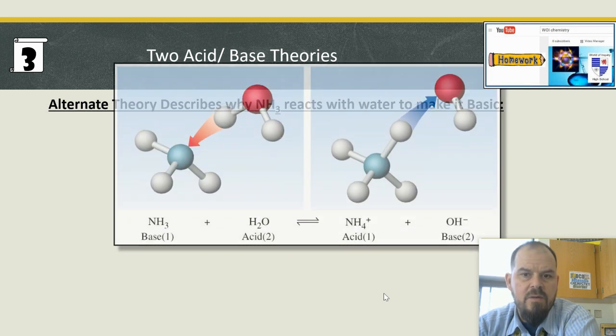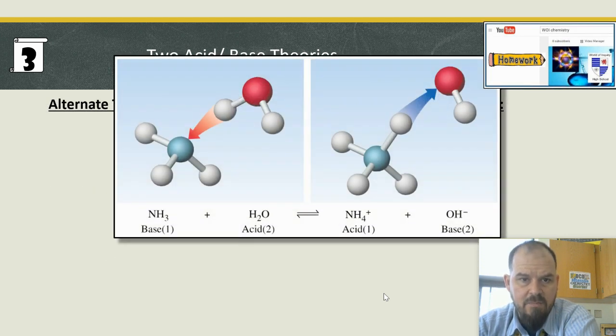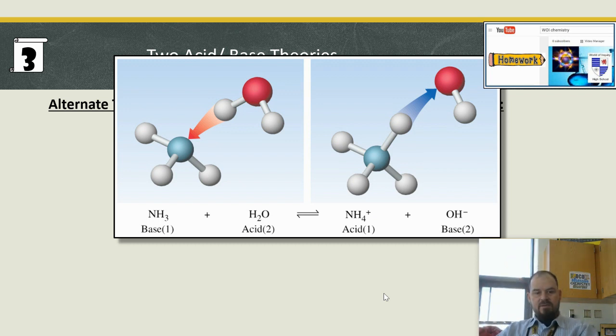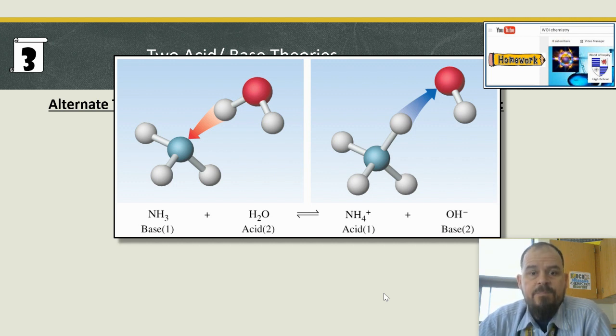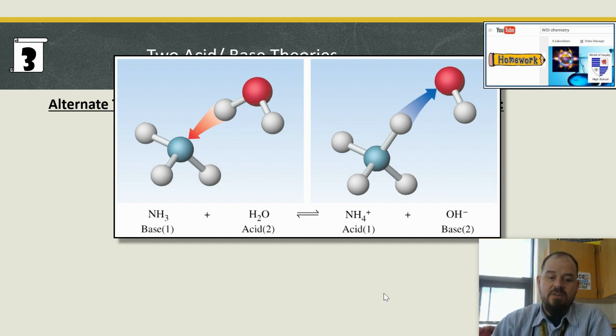And then here comes the theory of what's going on. What happens is the NH3 base becomes NH4 plus, which is called the ammonium ion. When water loses an H, it becomes OH minus. And that's how it's produced, and why NH3 is actually a base, because when you put it in water, all of a sudden there's a whole bunch of OH minuses running around, but NH3 doesn't have that OH to dissociate out of it.